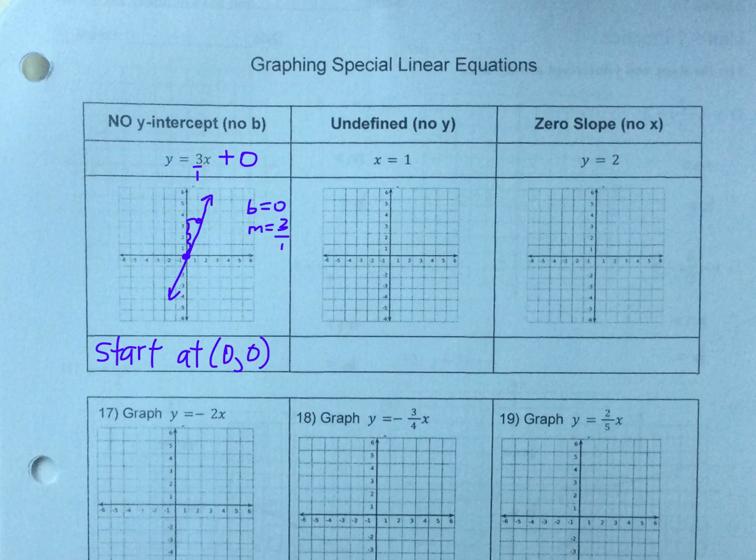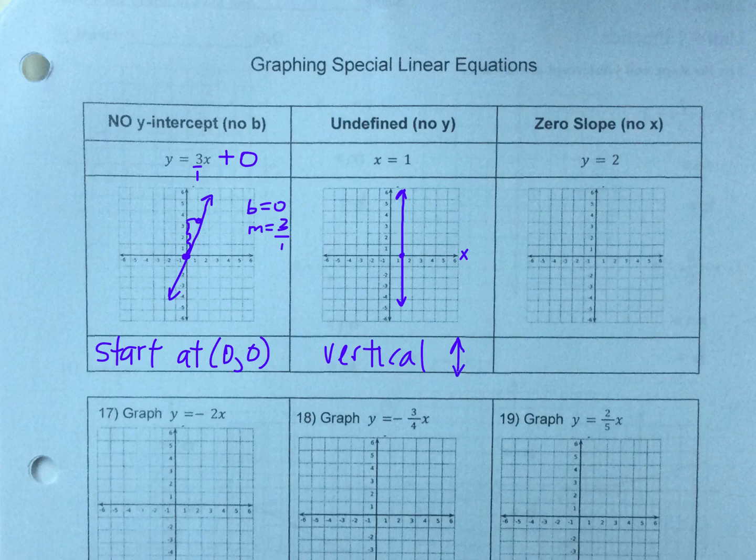This is an undefined line. We know that undefined lines go up and down. So if ever you see x equals 1, on this x line, I'm going to put a dot on 1, and then I'm going to draw a vertical line. These will always be vertical, up and down.